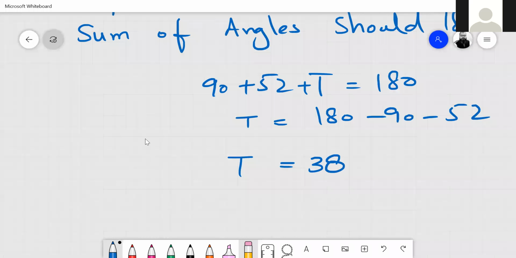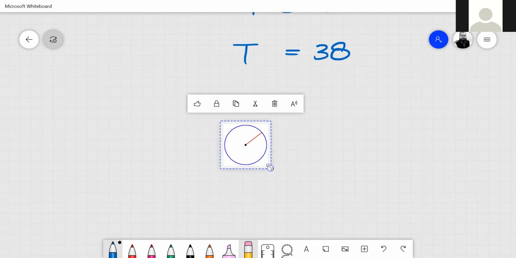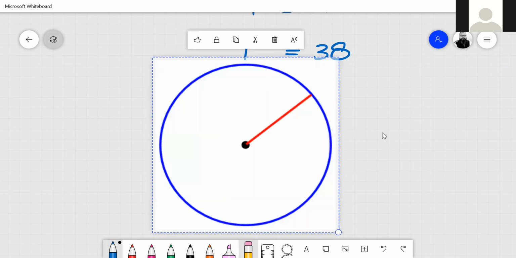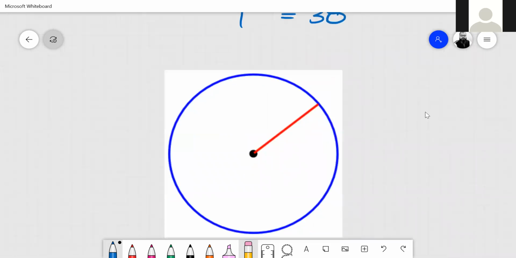Okay, now I think I should take this picture of the circle as compared to creating it always. We take this picture of the circle for convenience because we can use it again.